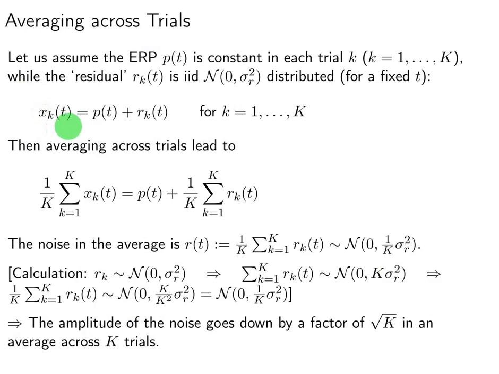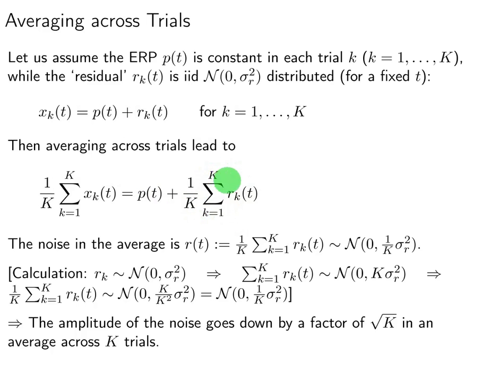Mathematically, X of T is equal to P of T plus noise across K trials. Then averaging across trials leads to the following. We are just summing all the EEG signals across K and averaging, by dividing by K, which gives us the following relation. Because P of T is assumed constant, we can take it out of our signal model, plus the 1 over K times the noise.